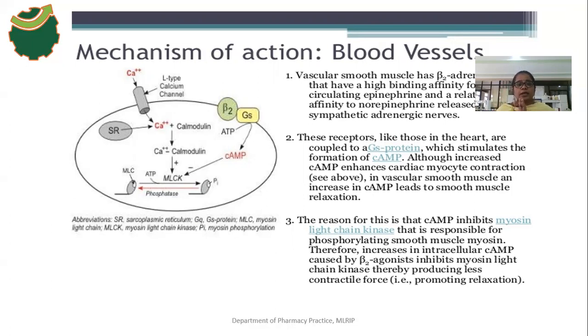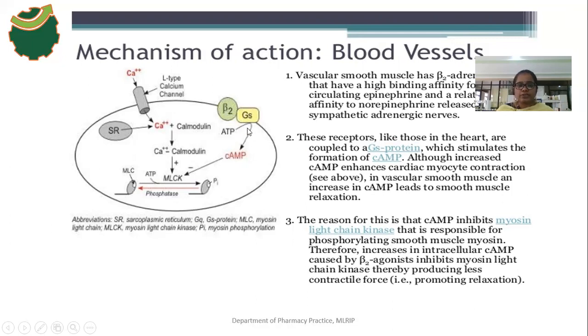So what is the mechanism of action on blood vessels? Here it is beta 2 receptors. When noradrenaline or adrenaline binds with the beta 2 receptors, there is an activation of Gs protein.